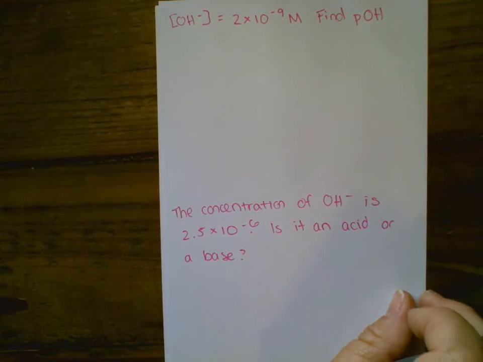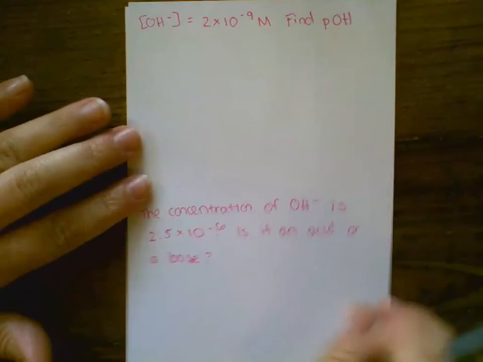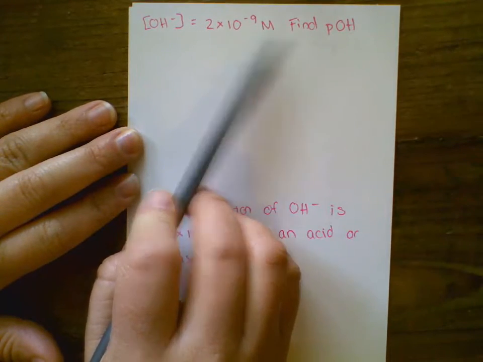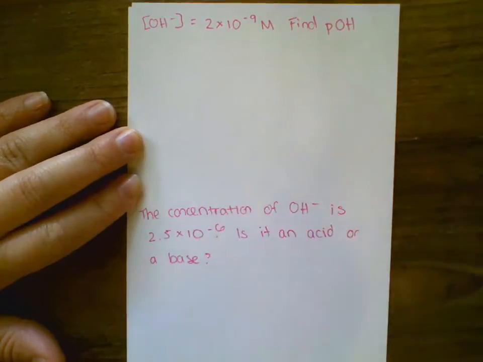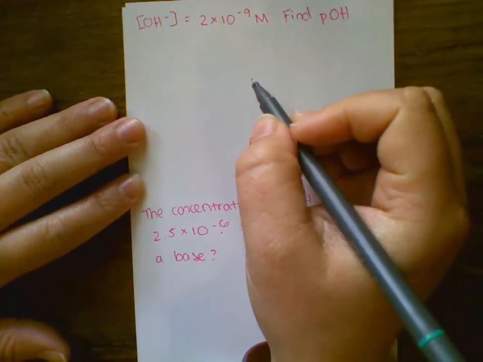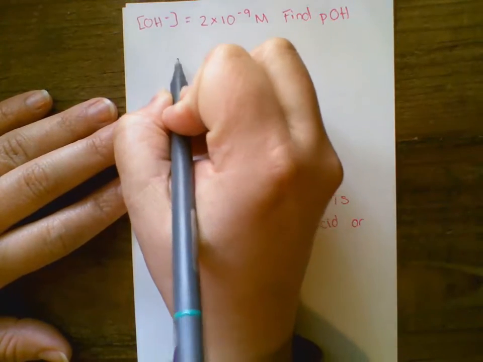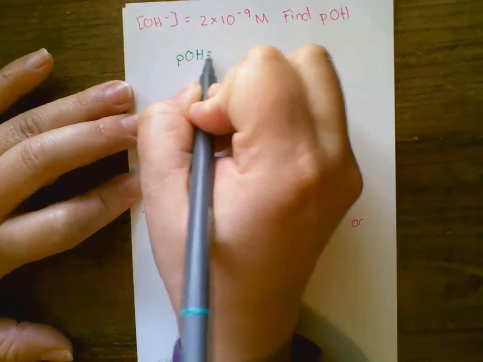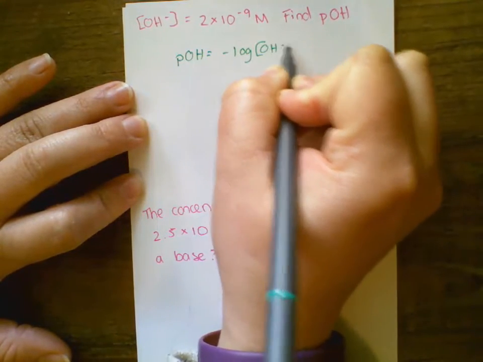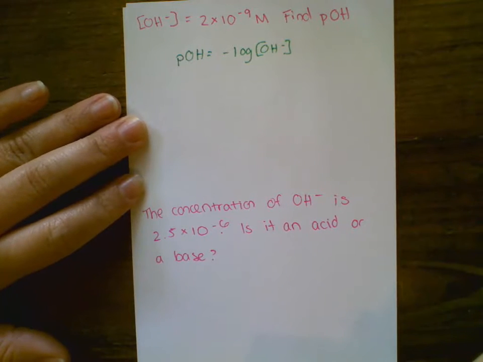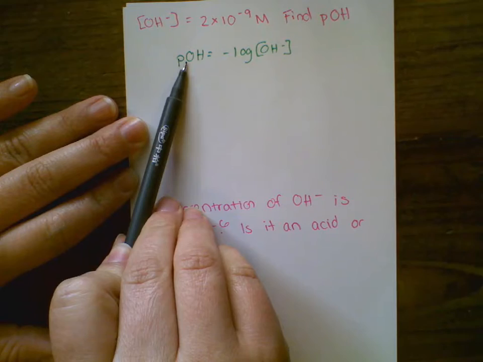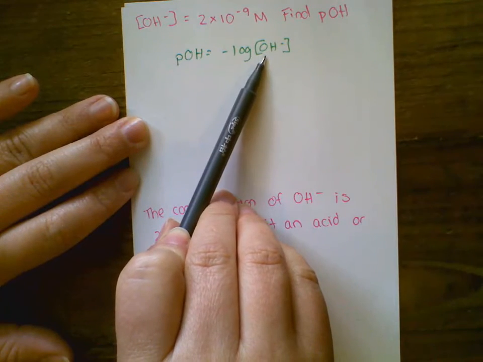So here are our two problems for today. The first one says the OH minus concentration is 2 times 10 to the negative 9th molar. Find the pOH. So remember our calculation from yesterday, we used that negative log. We're going to do the exact same thing today. So our pOH is going to be equal to the negative log of our OH minus concentration. Notice that's almost identical to what we did yesterday, except yesterday this was a pH, and this was the log of H plus.